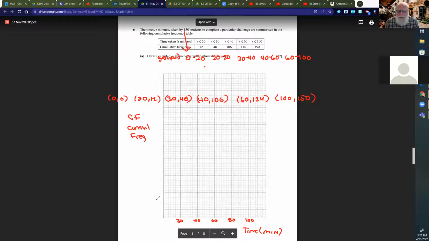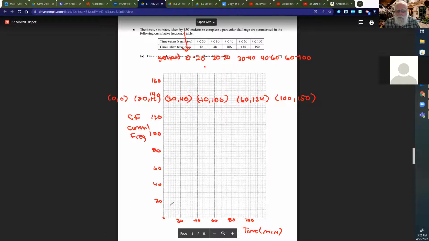So if I were to do this 20, and then 40, and 60, and 80, and then 100, 120, and then 140, and then 160. Are you with me on this? Yeah. Okay, so now all I got to do is plot my points. So what's that going to be? 0, 0.